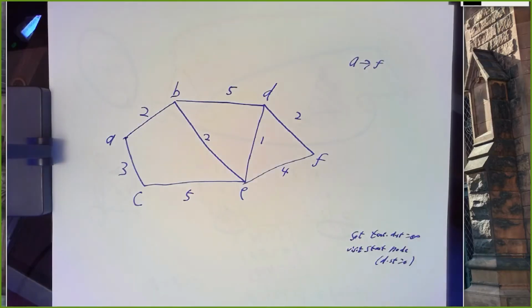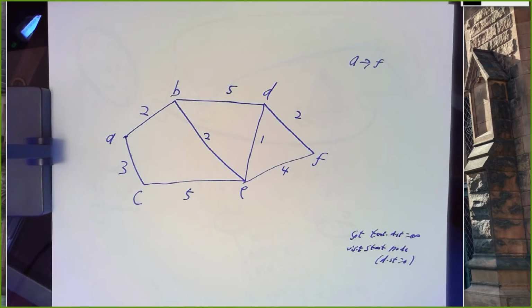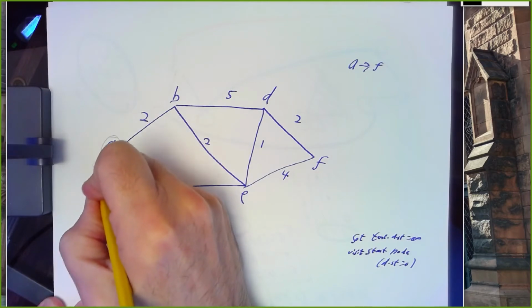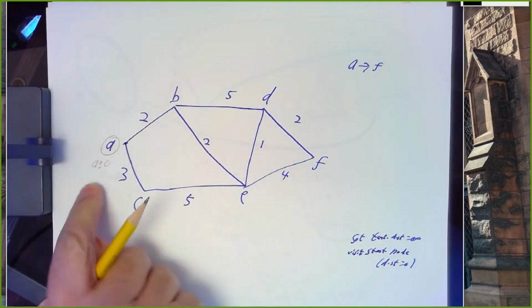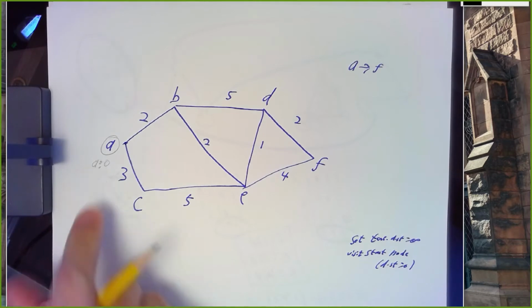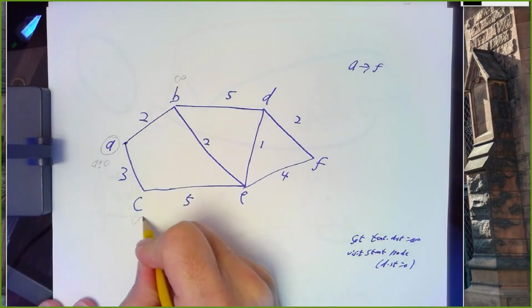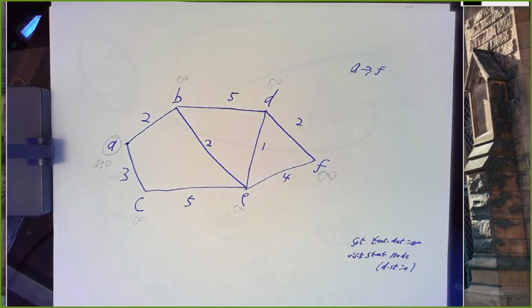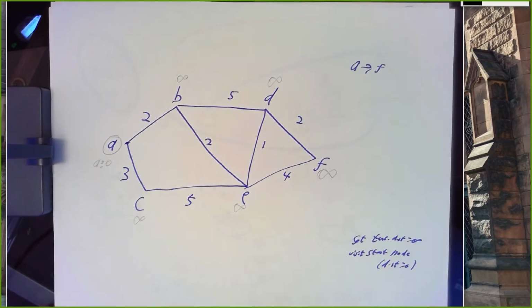So there's our graph, and the way we begin this, we visit our start node with a distance of 0, and the way we get to this node is we just visit node A, and we put down tentative distances of infinity everywhere. You can put a 0 by node A, that's fine.